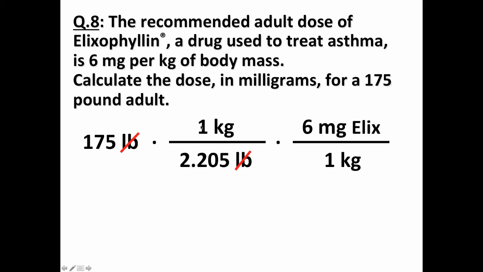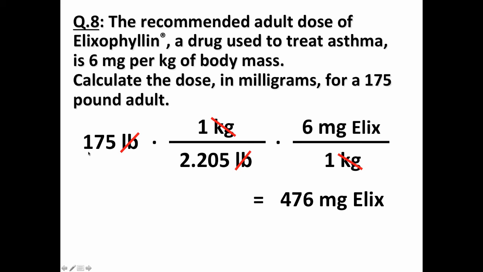So 1 kilogram of body mass requires 6 milligrams of elixophyllin, and we get our units to cancel. And then we multiply 175 by 6 milligrams, divide by 2.205. You can do those in whatever order you want. And you should get a number something like 476 milligrams of elixophyllin.